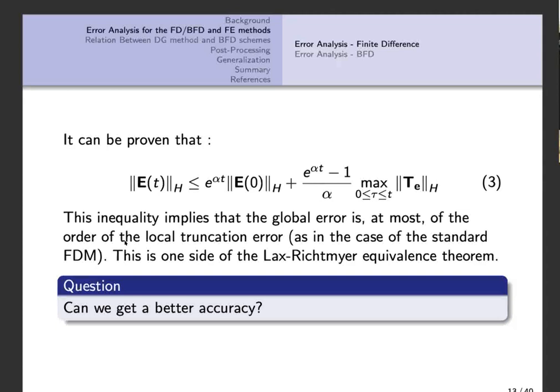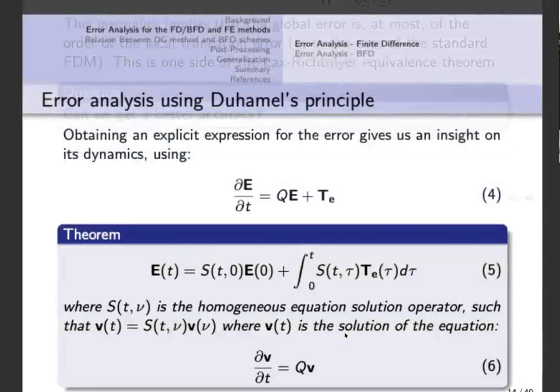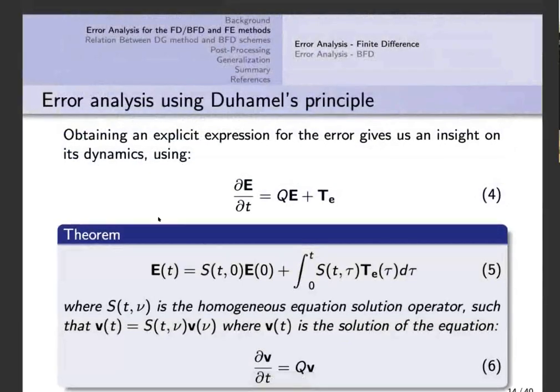So now the question is, can we get a better accuracy? In order to do so, we will have to have an expression of the truncation error fully developed. So this is what we need to do using Duhamel's principle.